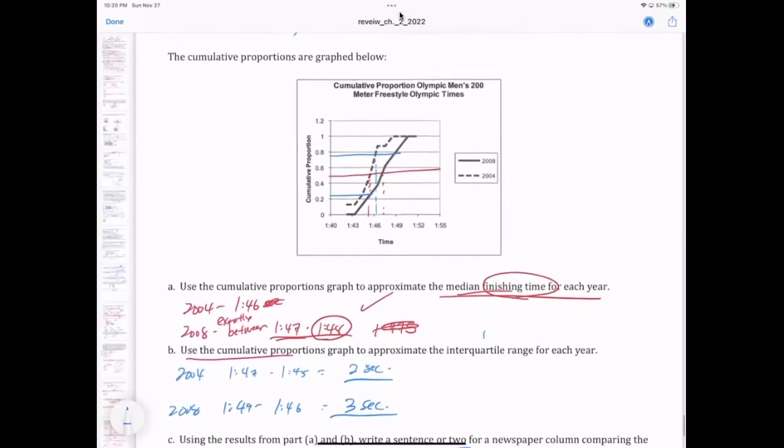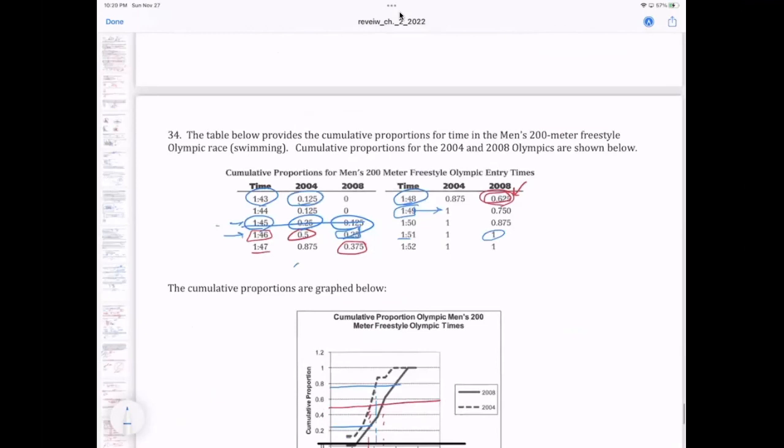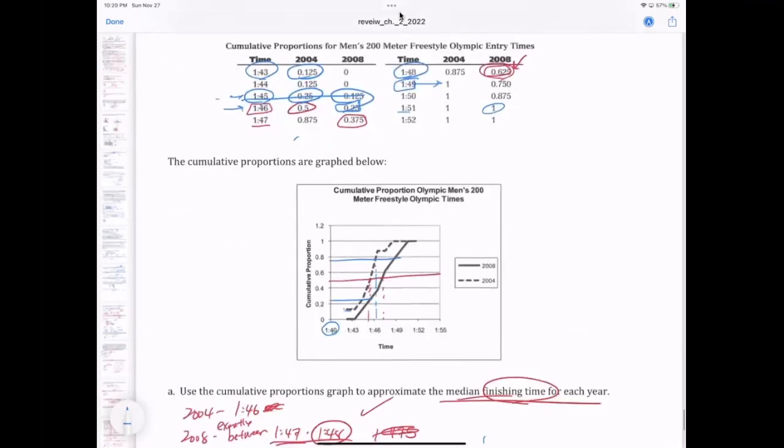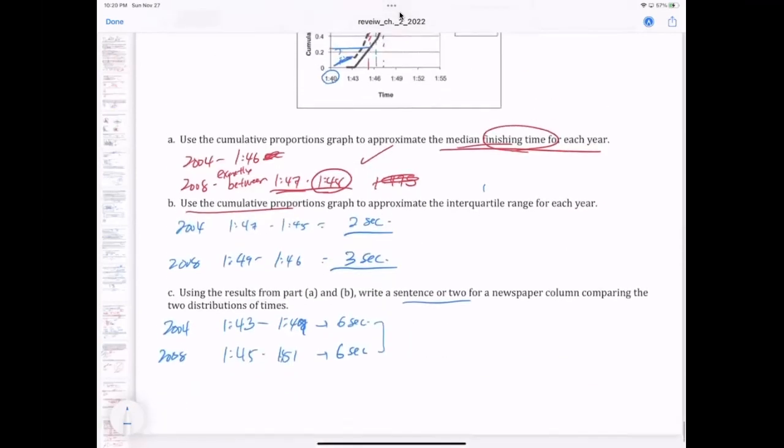Although if you take a look at the cumulative distribution curve, we have no idea where actually the value for 2004 begins, because this is at 1.125, but before there could be some values here that we do not have any information on. So what you can say is that 2008 is fixed in place for 6 seconds, but for 2004 the range could definitely be higher to a certain degree.